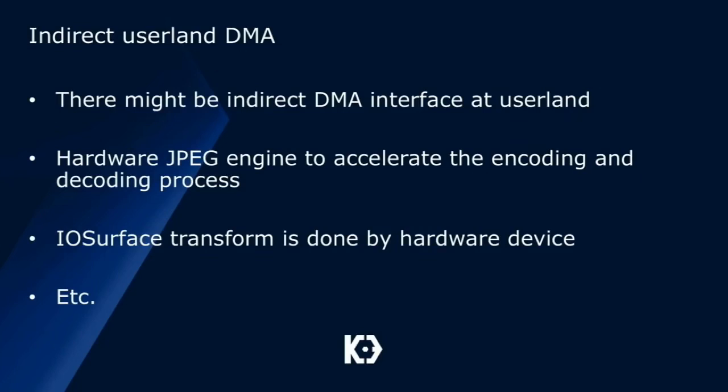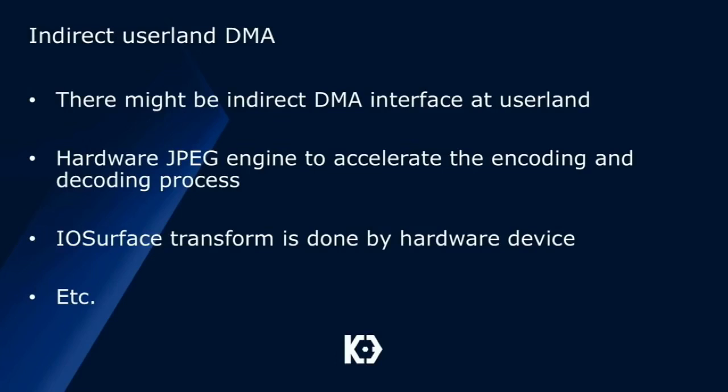For example, the iOS system has a JPEG engine, which is responsible for accelerating the encoding and decoding process. And in another scenario, there is I/O surface transform, which is actually done by a hardware device called the scaler device.